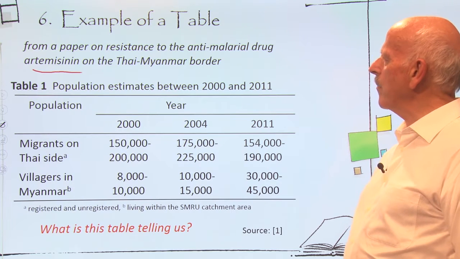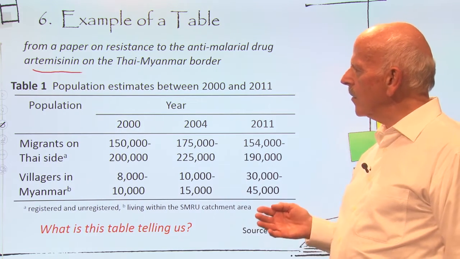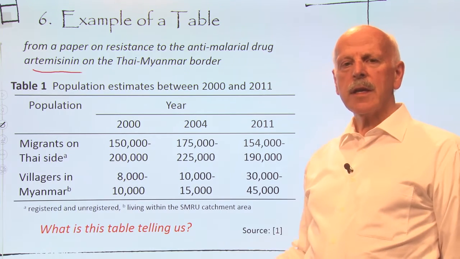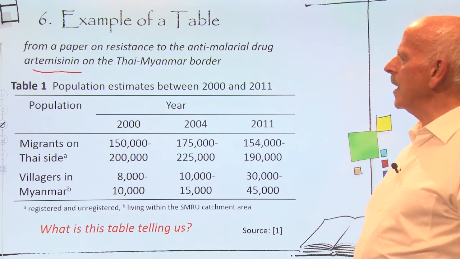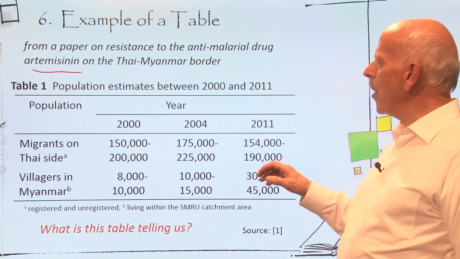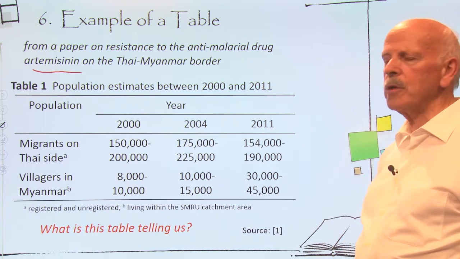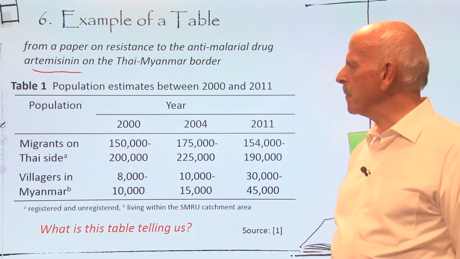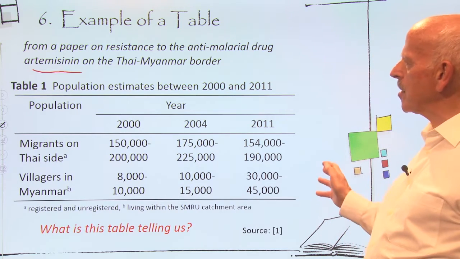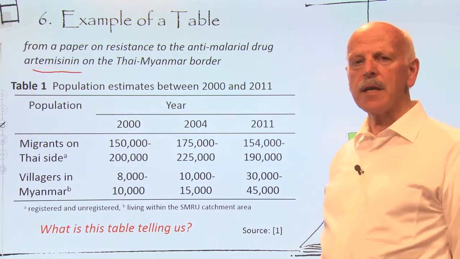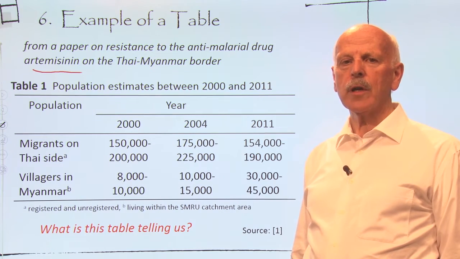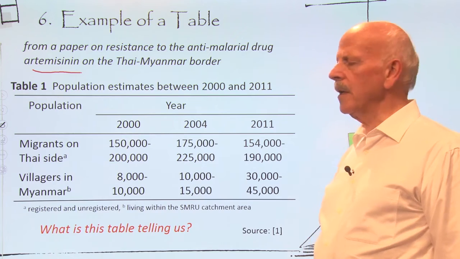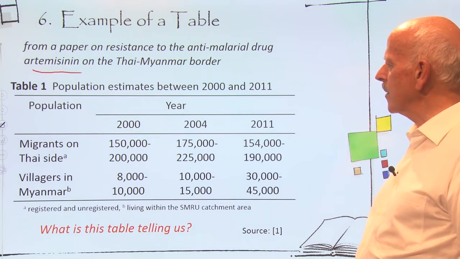The paper is about the course of history from the year 2000 to 2011 in populations on the border between Thailand and Myanmar. And the paper starts out with simply identifying the number of people that were surveyed in those two areas.